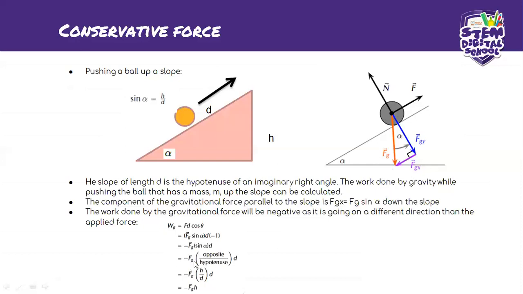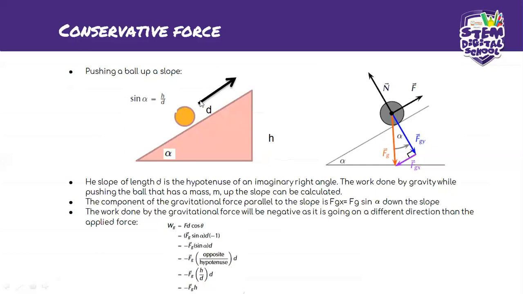And in this case, it's going to be a minus Fg sine theta d times minus 1. It's going to be a sine theta in this case. It's not going to be a cos theta, because remember, sine theta is opposite over hypotenuse.